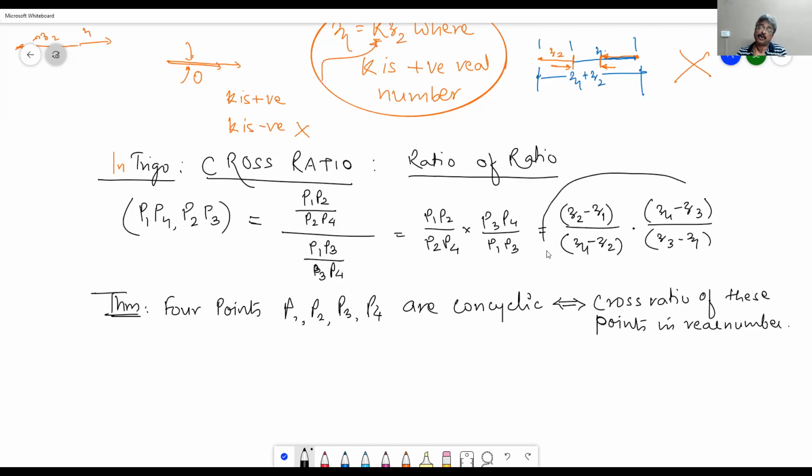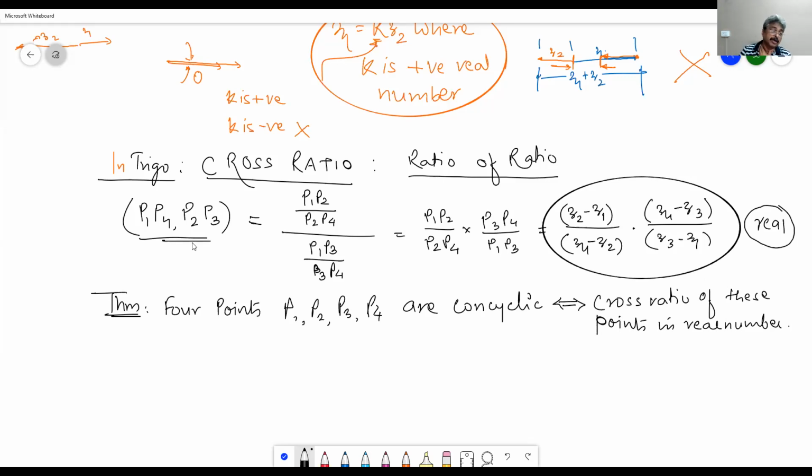So if this ratio is a real number, then these P1, P2, P3, P4 are concyclic, both ways. If concyclic, then cross ratio is a real number. If cross ratio is a real number, then concyclic. I give you 10 minutes. Both ways or not? Number one. Yes.